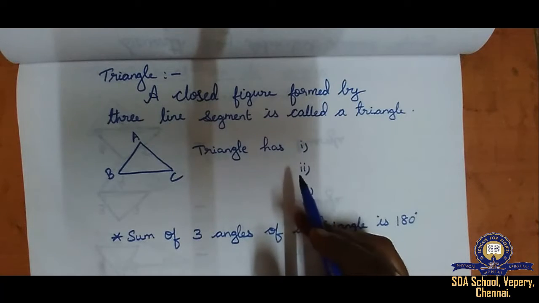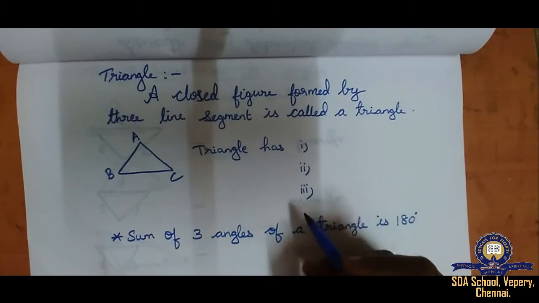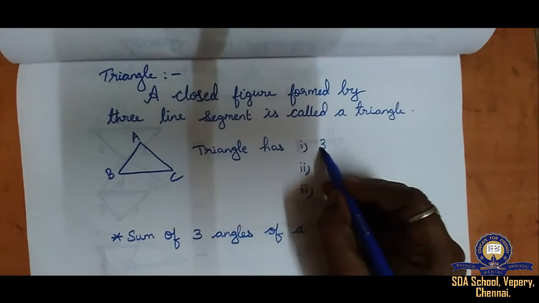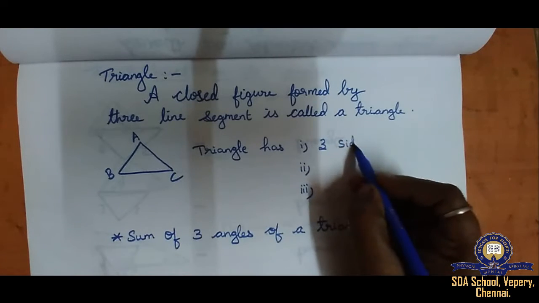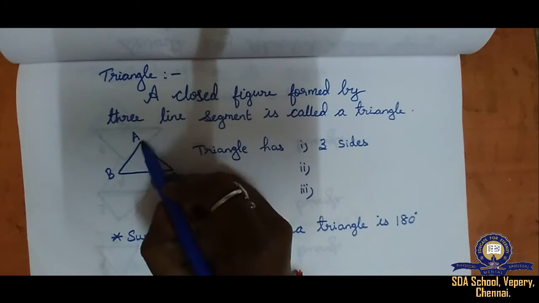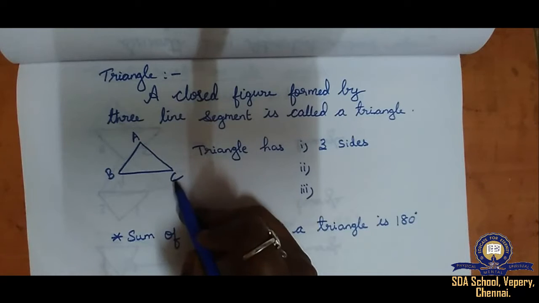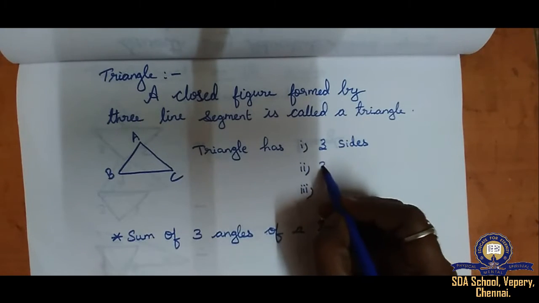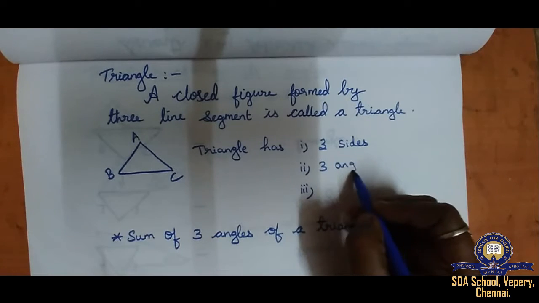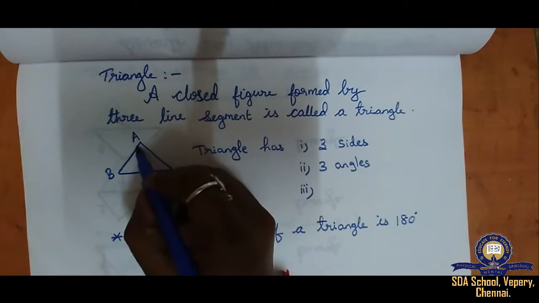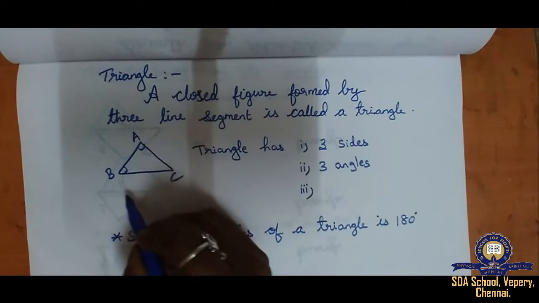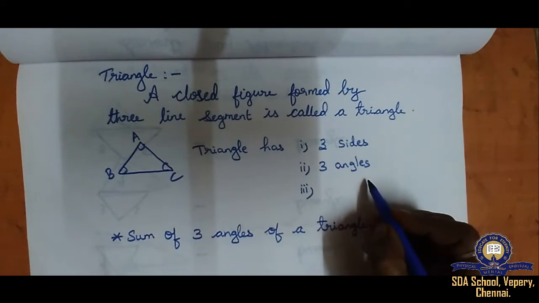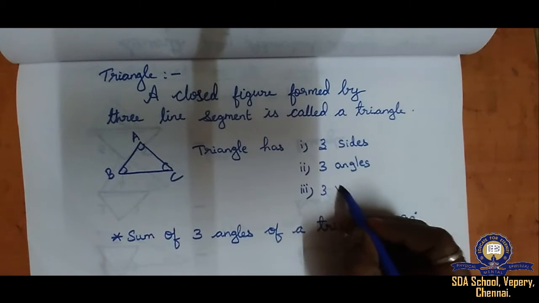How many things does a triangle have? What are those? It has 3 sides. See, here AB is one side, BC is another side, AC is the third side. Same way it has 3 angles. Here angle A, angle B, angle C can be written. 3 angles, 3 vertices.